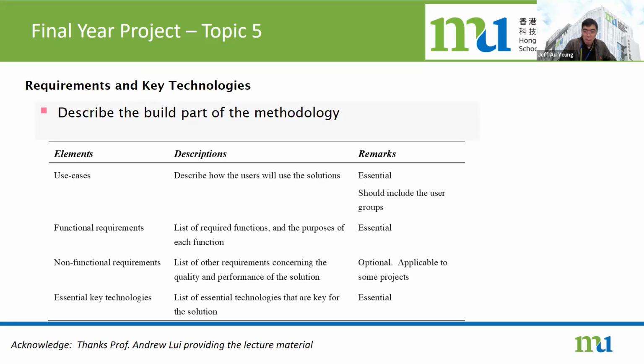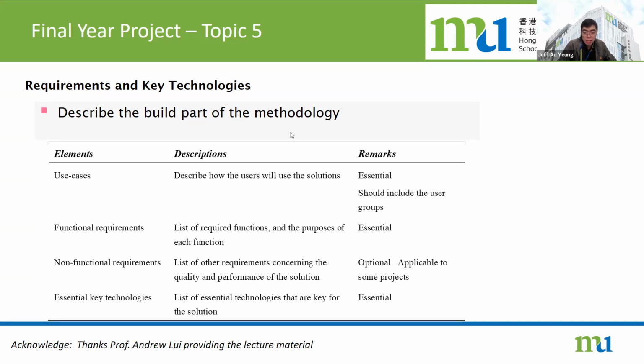So I believe in your methodology, you're going to include the following 4 components. First component is the use case. So describe how we are going to use your solution.